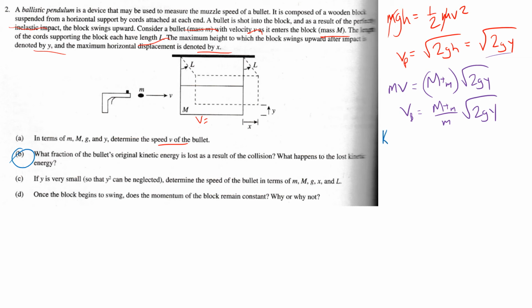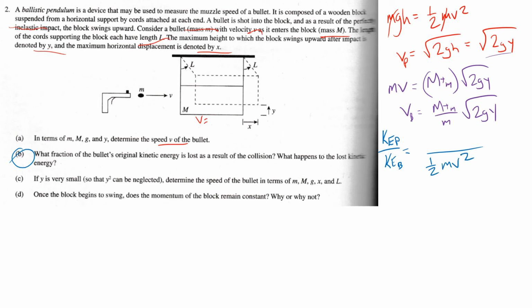Well, that's going to be the kinetic energy of the pendulum divided by the kinetic energy of the bullet, because the bullet had a bunch, and then it lost some going into the pendulum. Let's do the denominator first. That's easy. The bullet's going to have 1/2 mv squared.